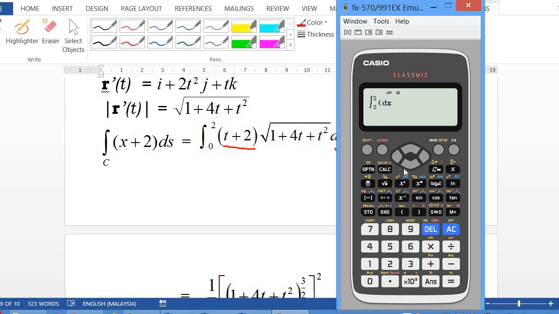So integrate, let's say, x is the red color, need to press alpha, so alpha x plus 2, times the square root of 1 plus 4 alpha x plus alpha x squared, evaluate from 0 to 2.